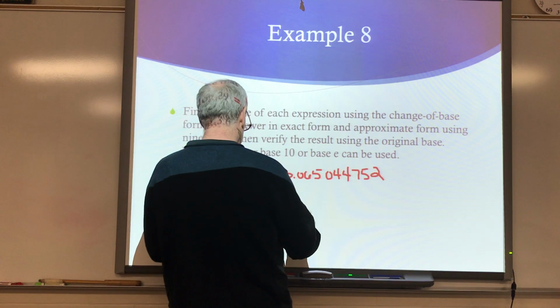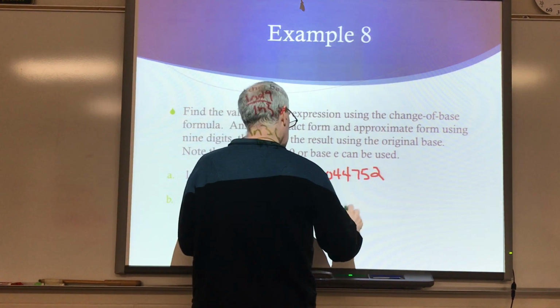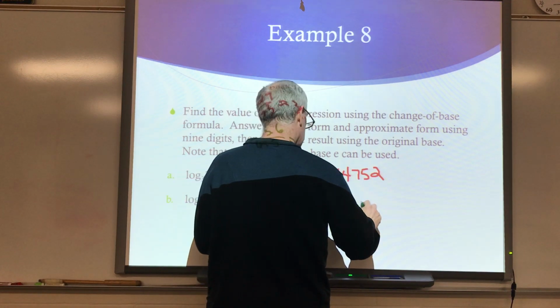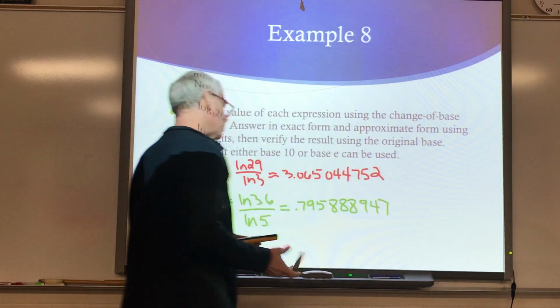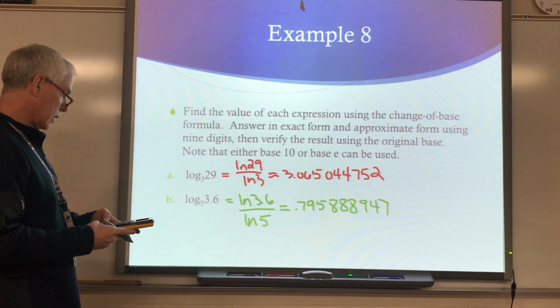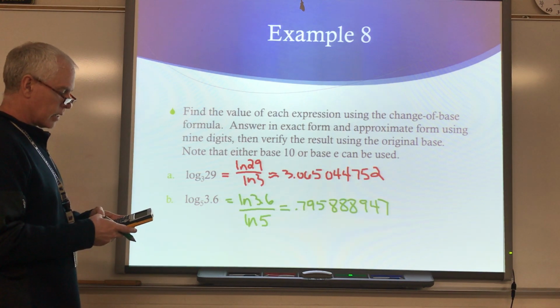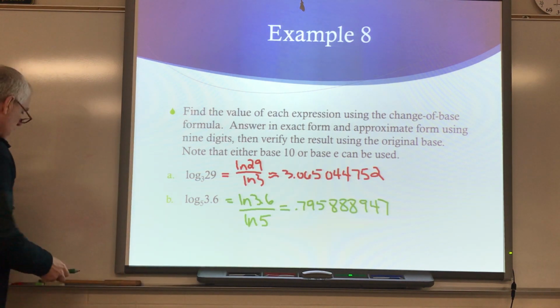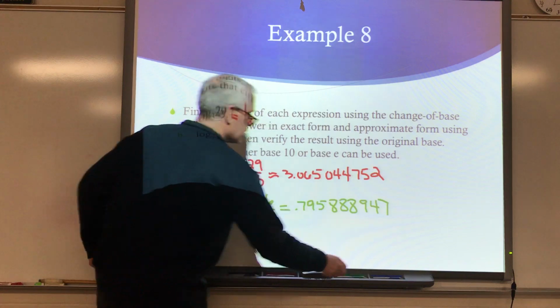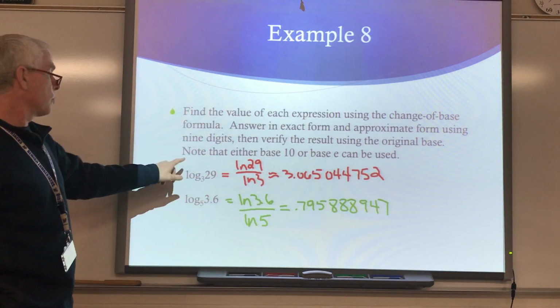So that's 0.795 888 947. Again, if I went to math and went down to log base, I could do log base 5 of 3.6, and I get exactly the same thing. So that's all that change of base formula does, you guys. Either way is fine. Okay, the log base in the calculator is just fine with me.